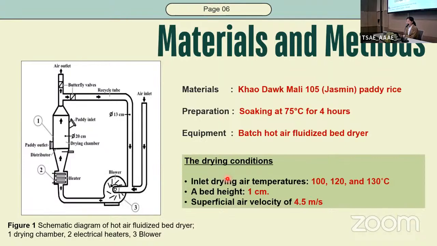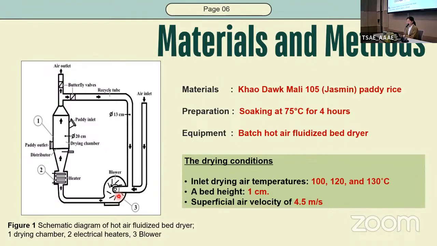In this work, paddy of one of the varieties was used in the experiment, and to increase the moisture content, the paddy was soaked at 75 degrees Celsius for the bottle and then dried at the touch contact with the dryer that is shown in figure one. And the drying temperature in this experiment is set at 120 and 130 degrees Celsius with an air velocity of 4.5 meters per second.